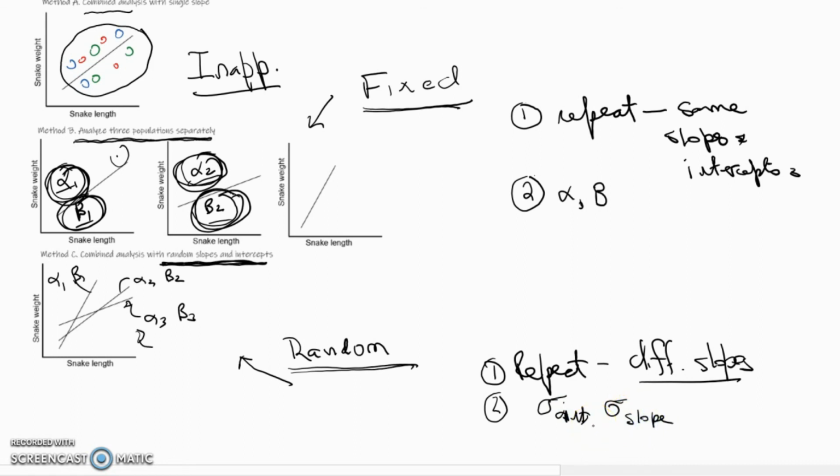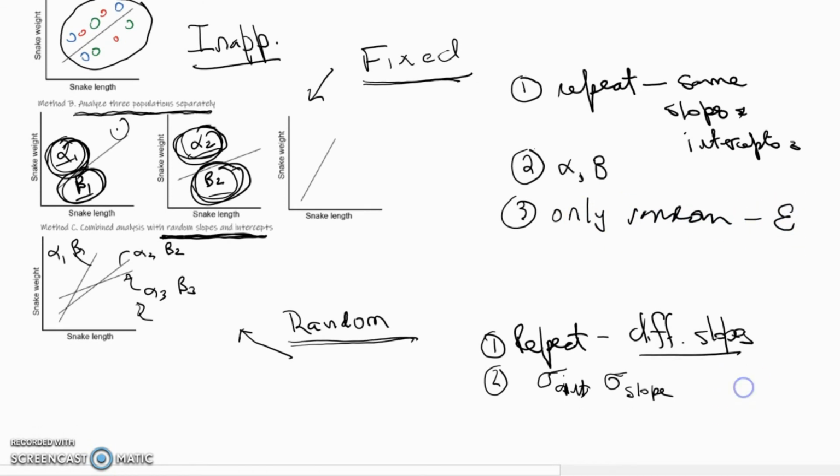And the third difference is that the only random component is the residual error, whereas in this component you have alpha, beta, and the residual coming from a distribution.